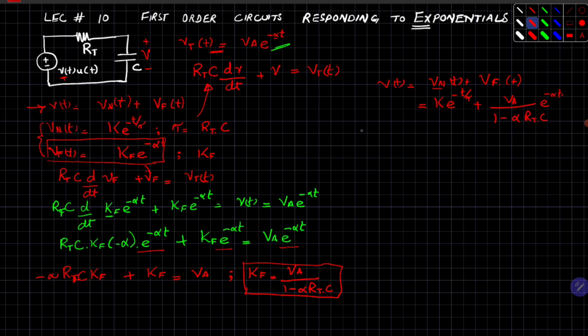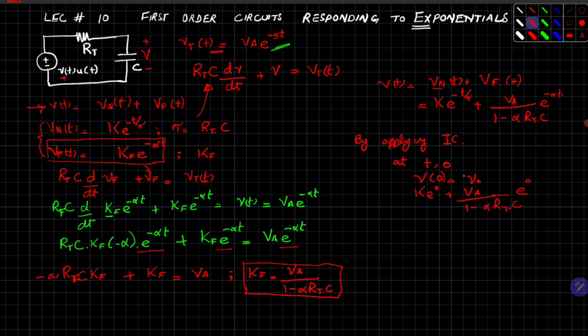By applying the initial conditions, at time t equal to 0, we have V at 0. This is equal to V naught, the initially charged voltage, meaning whether your capacitor was already charged or not, equal to k e raised to power 0 plus Va over 1 minus alpha times R Thevenin times C, and again e raised to power 0.